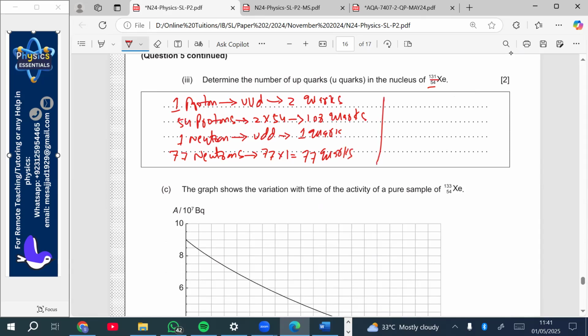Okay. Total xenon quarks: 77 plus 108, and it will be a total of 185.